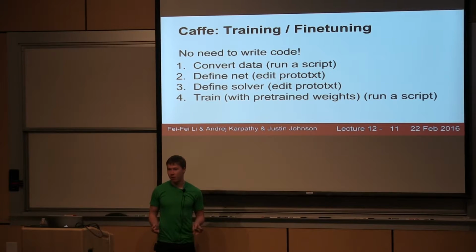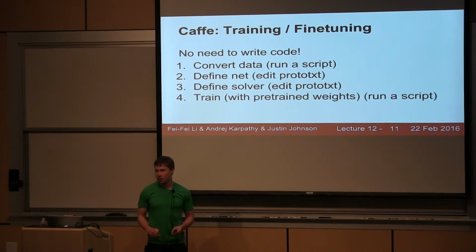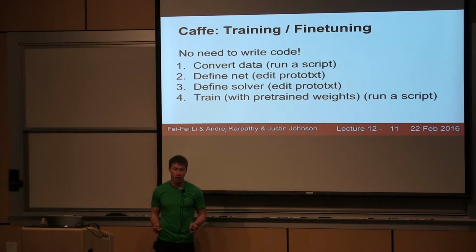Then you'll define your solver, which again will just be a prototxt text file that you can work with in a text editor. And then you'll pass all of these things to this existing binary to train the model, and that'll spit out your trained Caffe model to disk that you can then use for other things. So even if you wanted to train ResNet on ImageNet, you could just follow this simple procedure and train a giant network without writing any code.